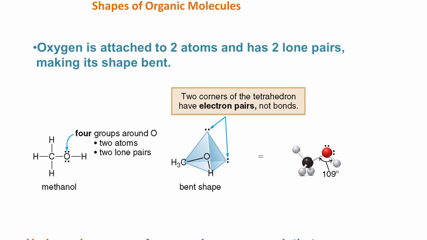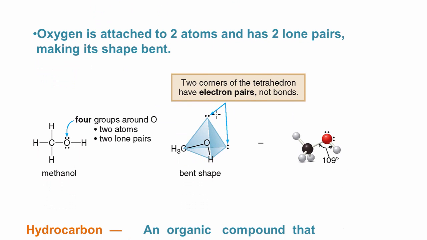And then let's take a look here at oxygen. Here we have an alcohol called methanol, and we have carbon bonded to 3 hydrogens and 1 oxygen, and then a hydrogen bonded to the oxygen. Notice that the oxygen forms 2 bonds, and it has 2 lone pairs.